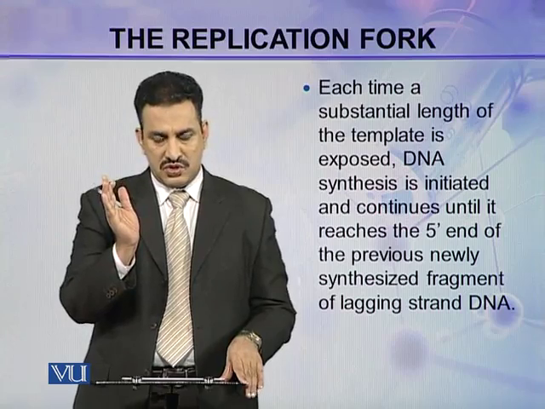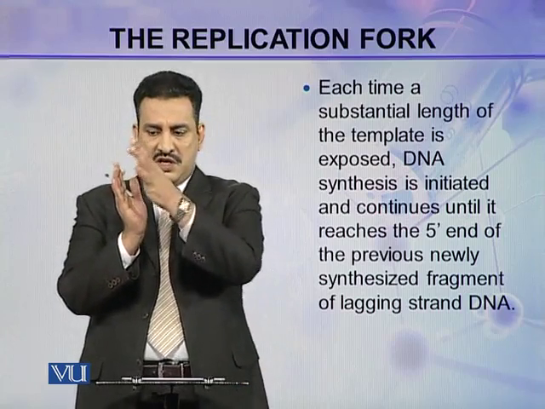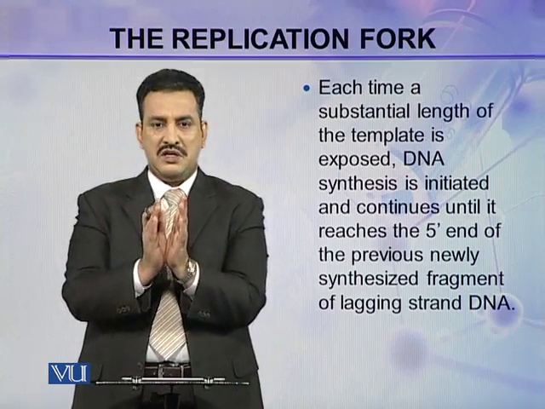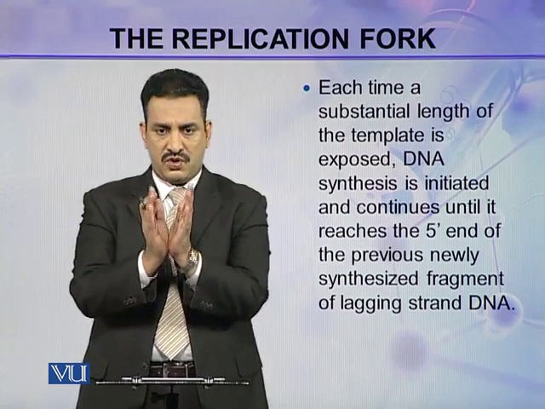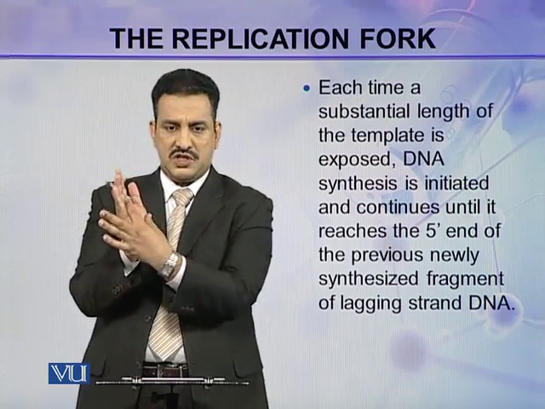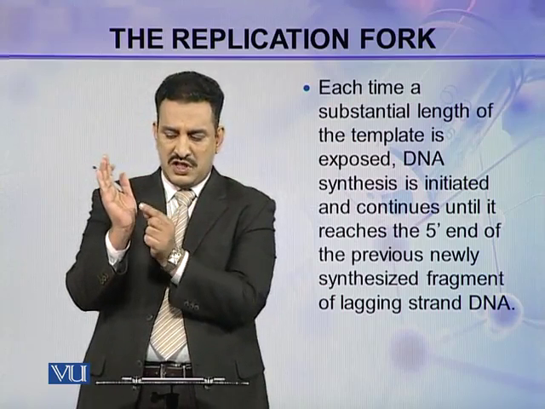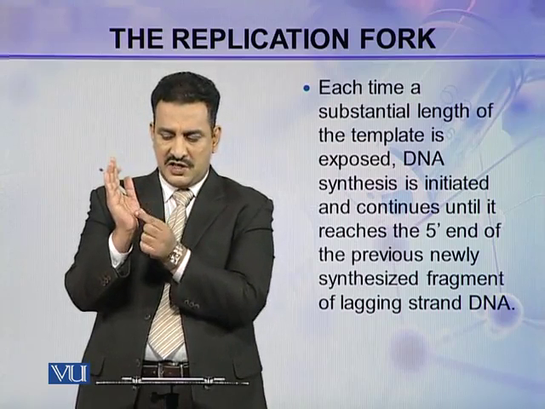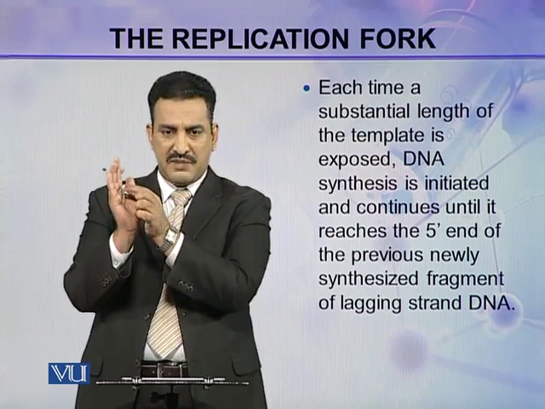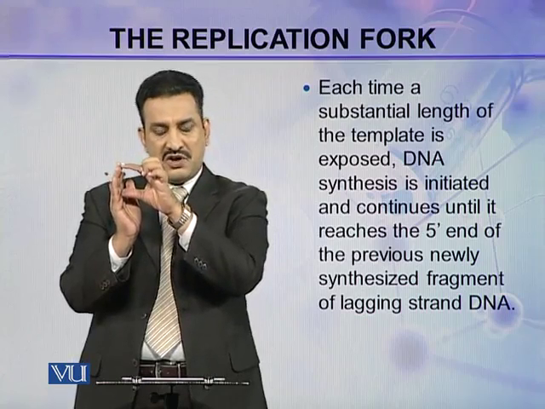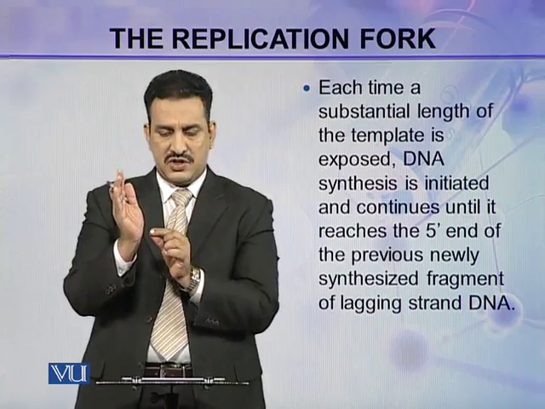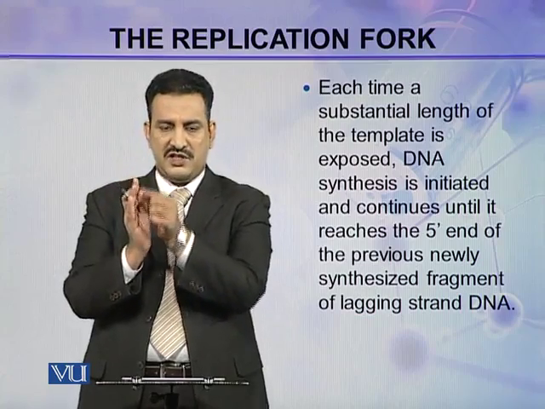So as you know, in this strand the fragments are synthesized. When the replication fork opens, this length will be exposed. Synthesis will start from here and will move towards this until it reaches the 5 prime end of the already synthesized fragment, and so it continues like this.